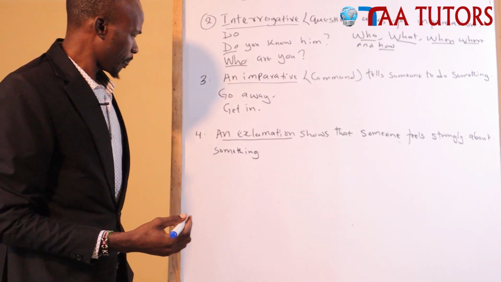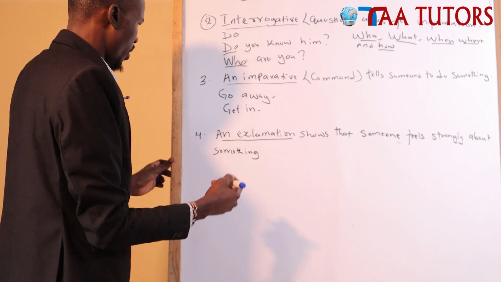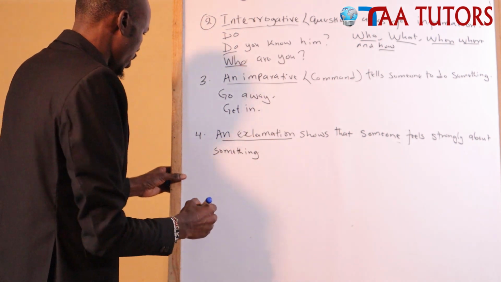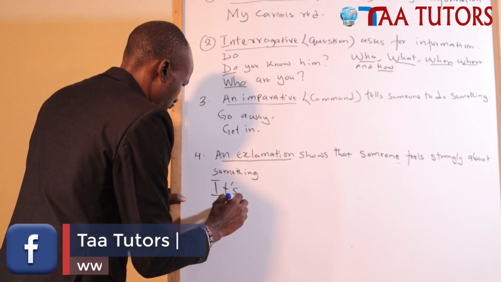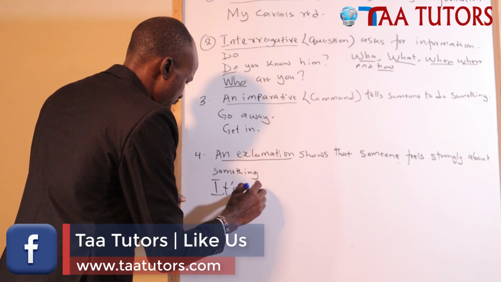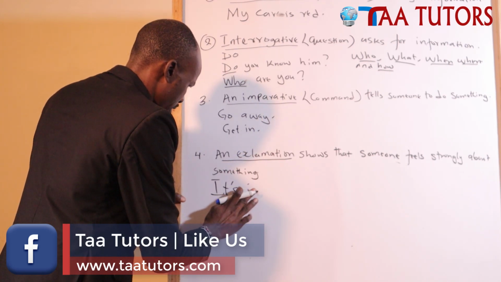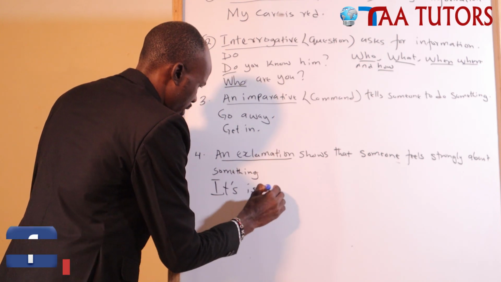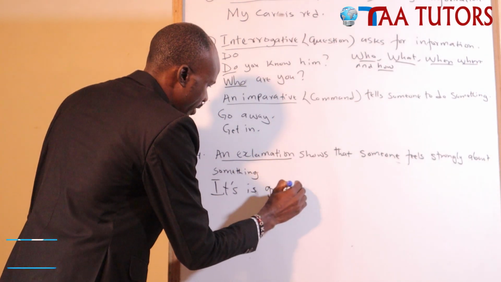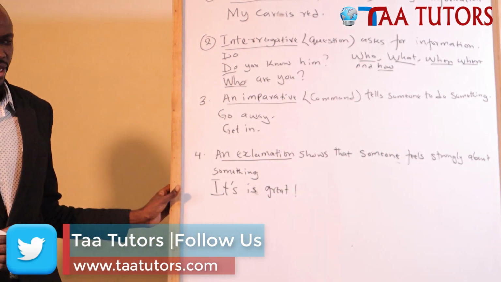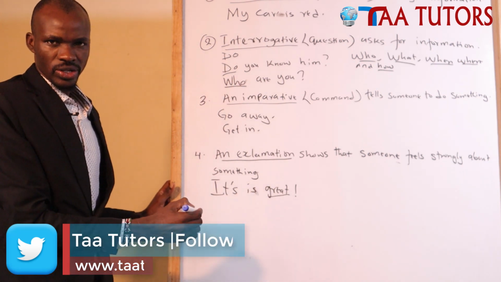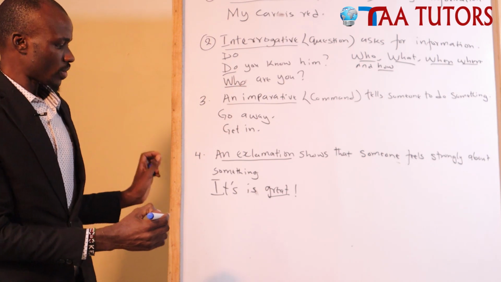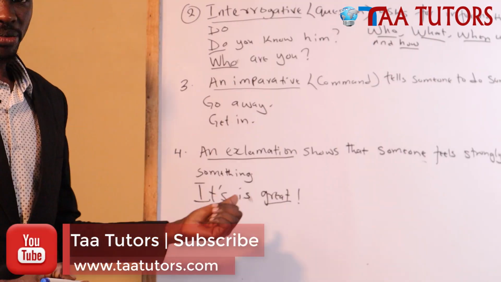For example, you can say, it is great. If you say it is great, this is a feeling. Somebody feels great, so we say it is great. This is an exclamation statement.